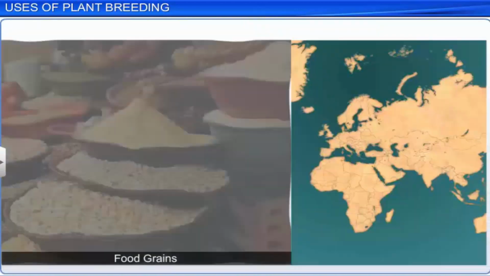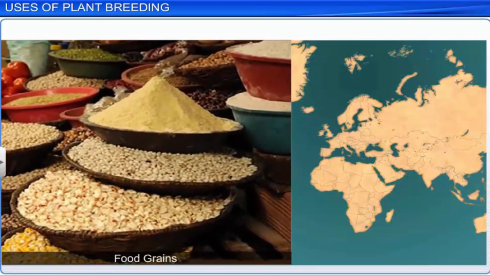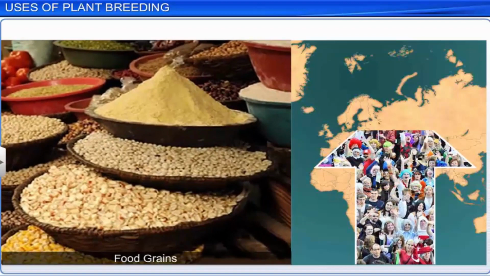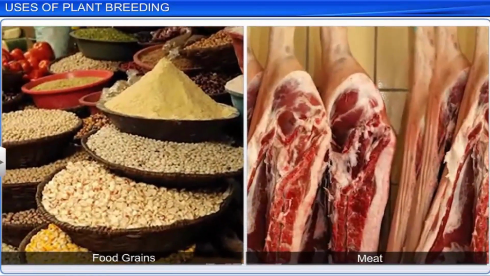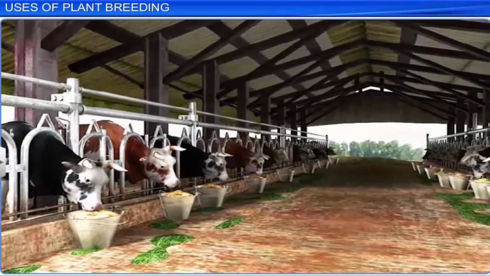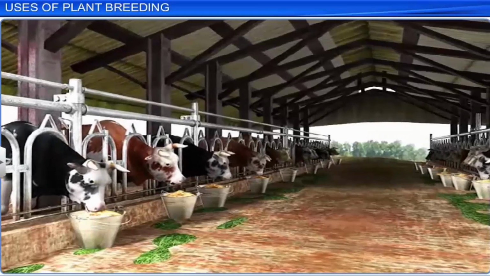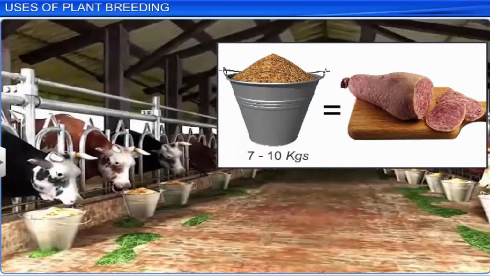Despite biofortification and several plant breeding techniques to boost food production, the demand for food was ever increasing. The shift to a meat diet further increased the demand for grains, as food grains are also used as animal feed. For example, a cow needs to be fed around 7 to 10 kilograms of corn to get around 1 kilogram of meat from it.